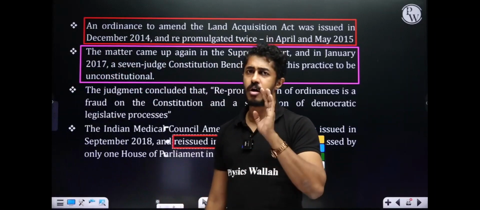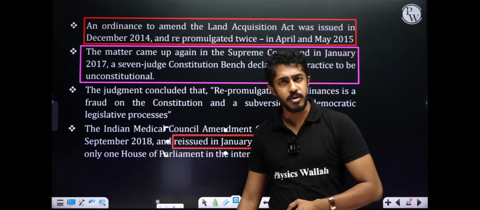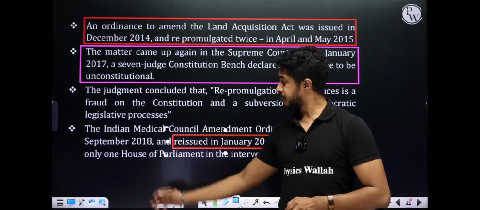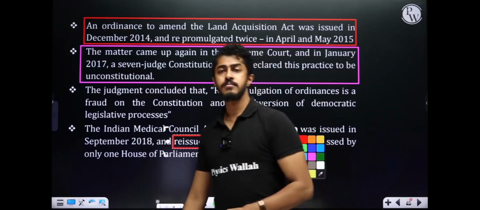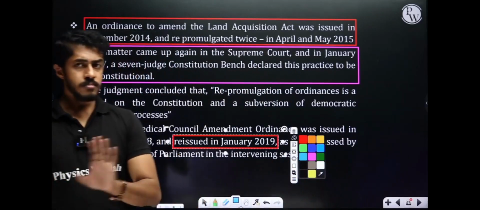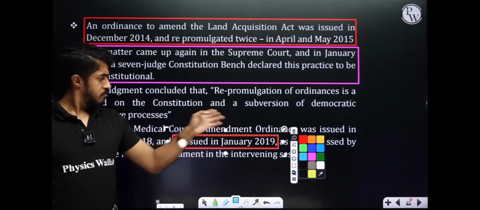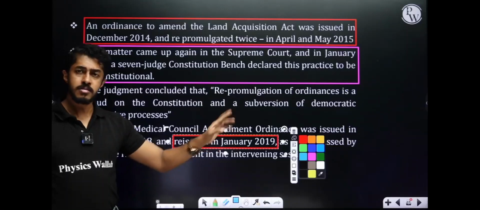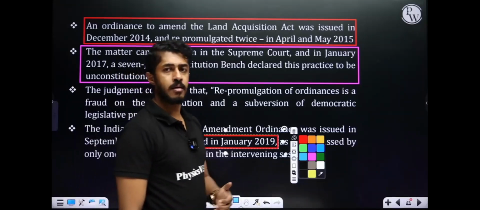It is a fraud on the Constitution, subversion of democratic legislative process. Fine. Did the government stop after that? No. The government did not stop. It still kept on going with it. The Indian Medical Council Amendment Ordinance was re-promulgated again.